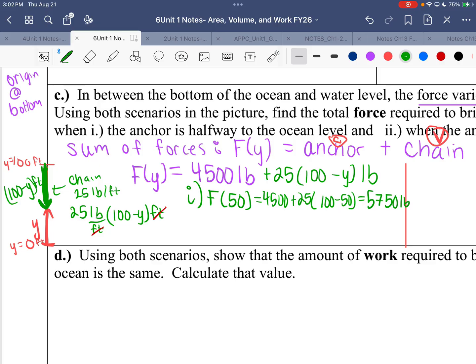Okay, the next one. When the anchor is 25 feet from ocean level, it's moved up 25 feet.